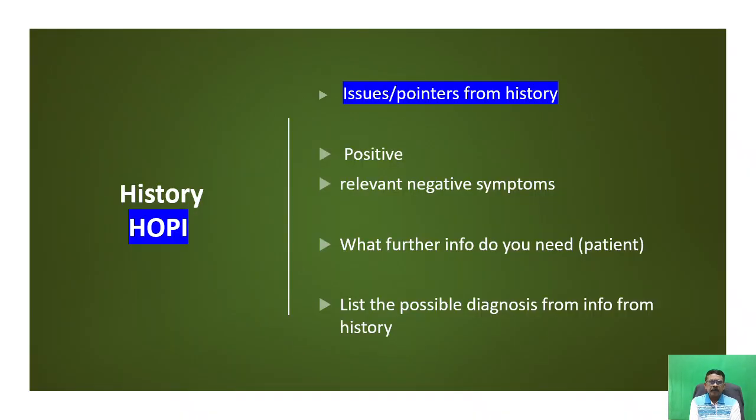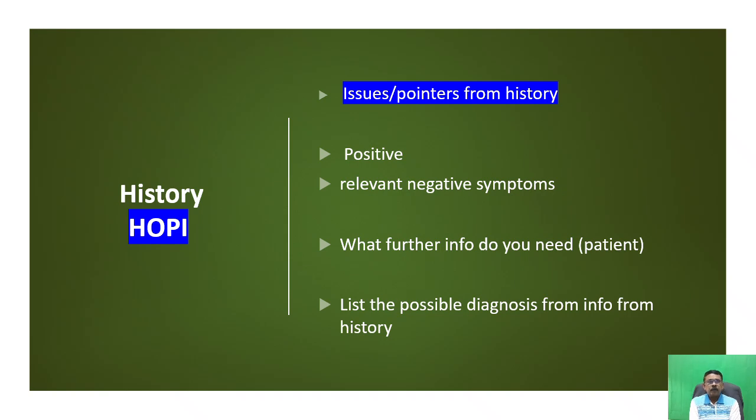Next we come to the history of present illness, a detailed description of the patient's illness that brought him to the hospital. Once you get the history of present illness, you go through it and identify the issues or the pointers from the history.